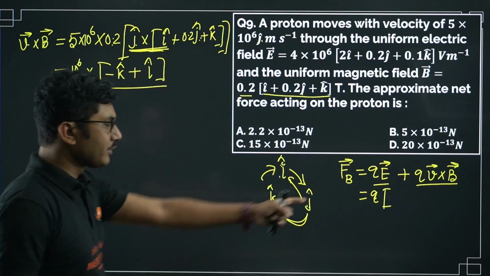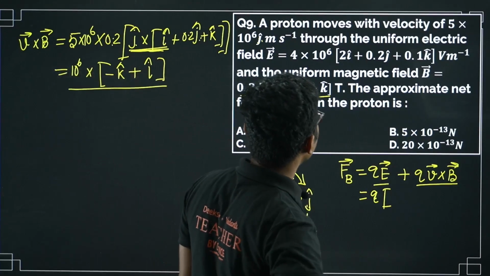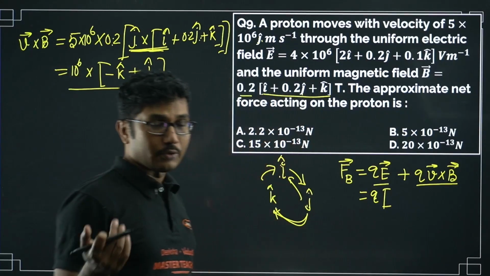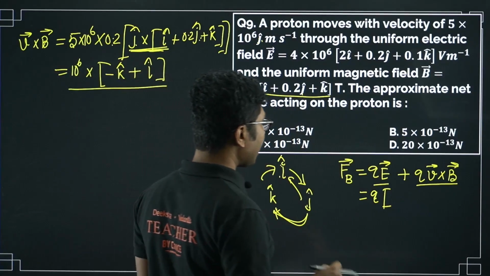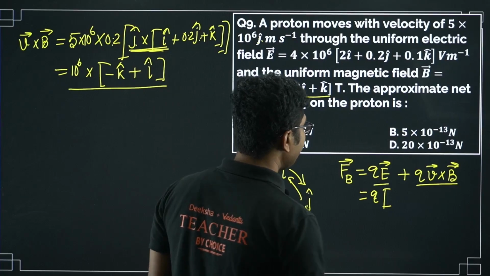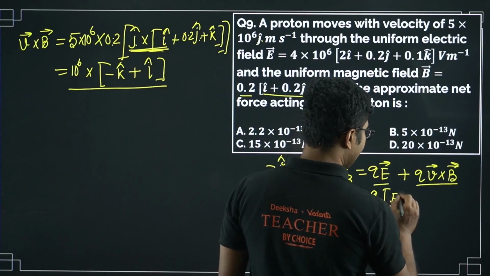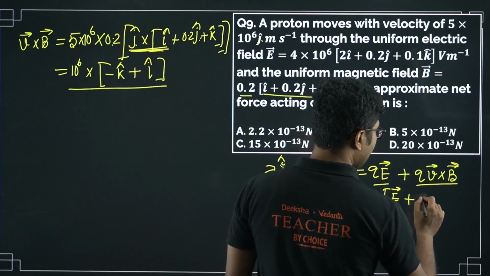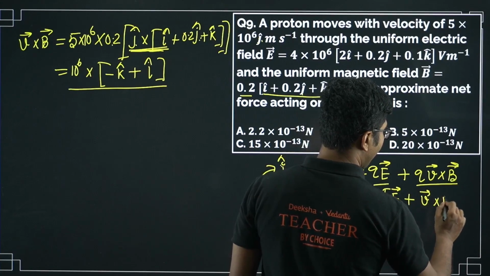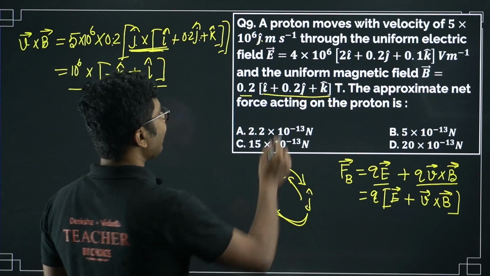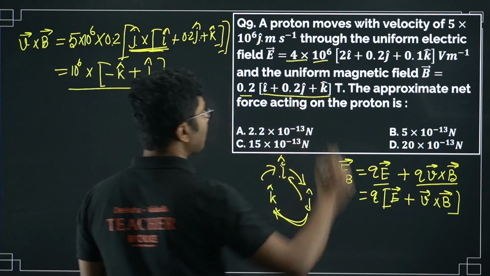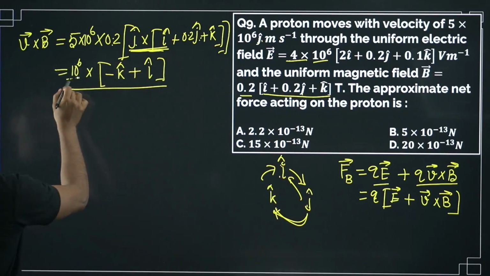Okay, Q is common. Proton means 1.6 into 10 to the power minus 19, so we will keep that in mind, not now. Anyway, now we have to do this, right? E plus V cross B. So basically we have to add them. Now what is the value of E? E is 4 into 10 to the power of 6. Here we do not have that 4.